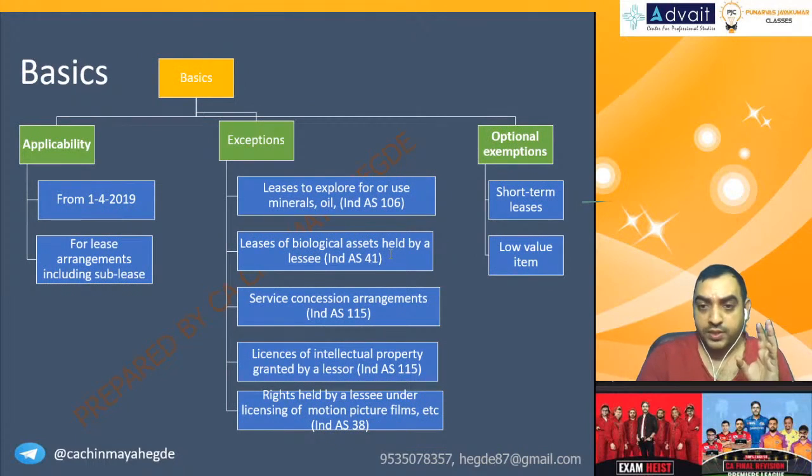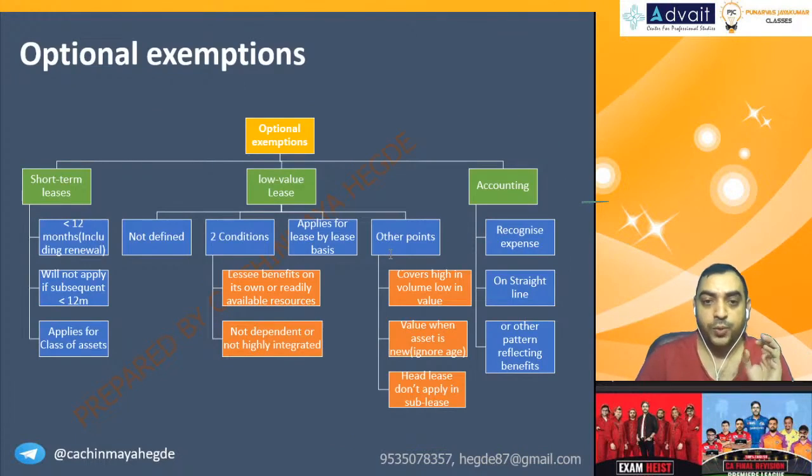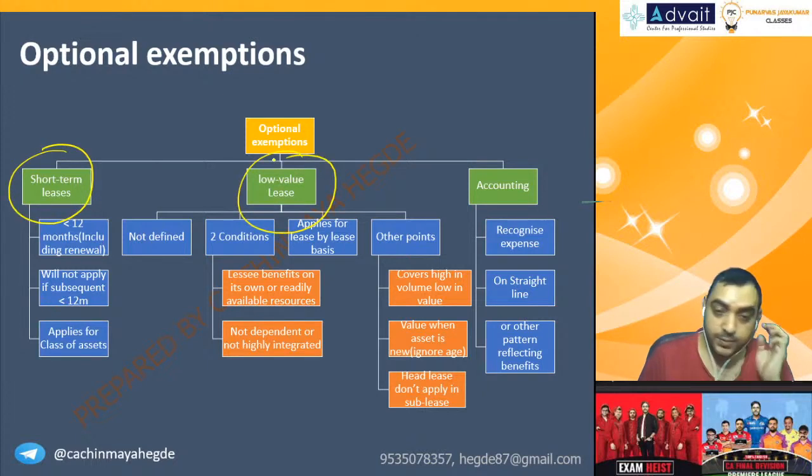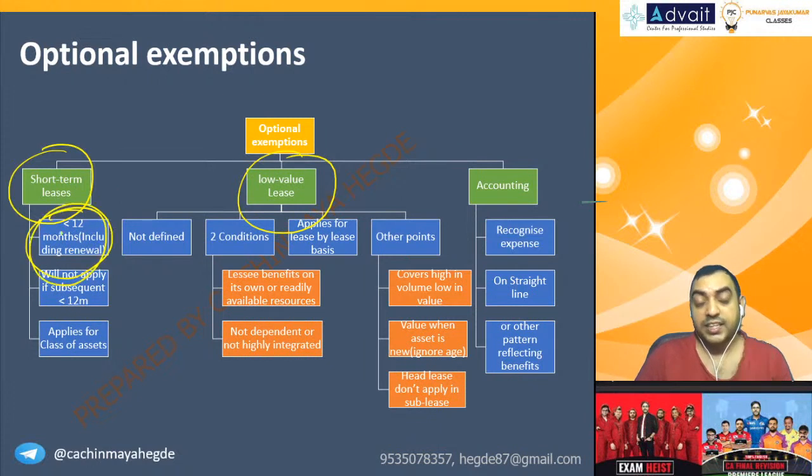Okay, so optional exemption. There are 2 optional exemptions provided. One is short-term lease, other is low-value items. Short-term lease means less than 12 months. If the lease contract is less than 12 months, then you can show it as an expense straight away, to the extent you make the payment; this standard doesn't apply. Low-value items are small value items.